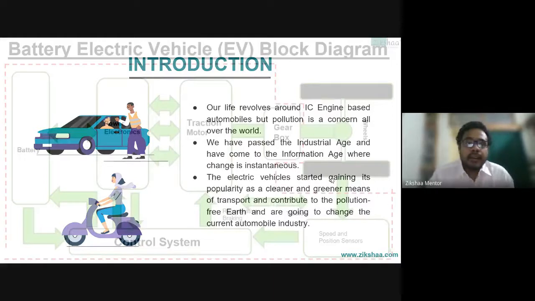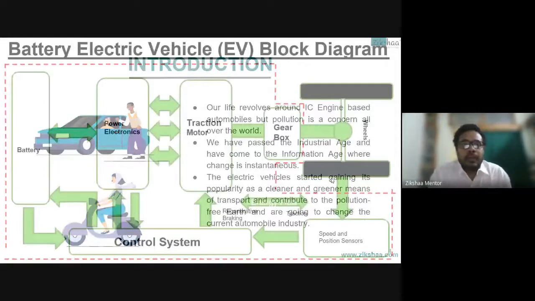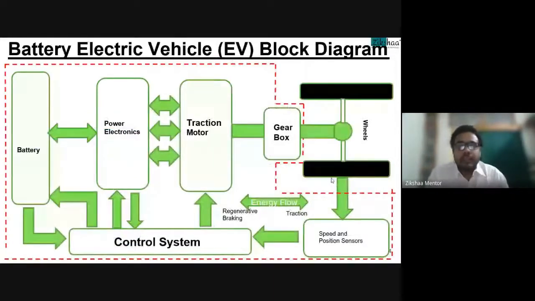So coming to the block diagram, we normally define any engineering system in electrical or mechanical engineering as a block diagram. We try to look at the different parts of the components as a block diagram.